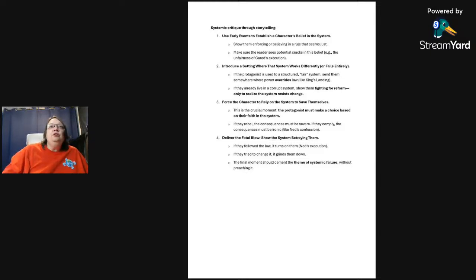And then introduce a setting where the system works differently or where the system fails, like with Lady's execution. And then force the character to rely on that system to save themselves. And then either show the system betraying them or them finding a way around it, depending on whether you're doing a tragedy or not. But you must give each of these steps room to breathe.